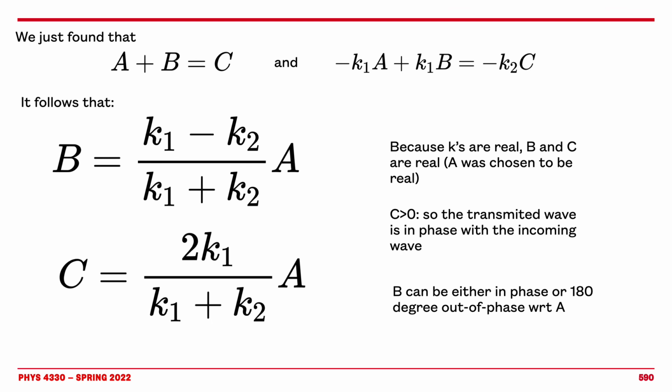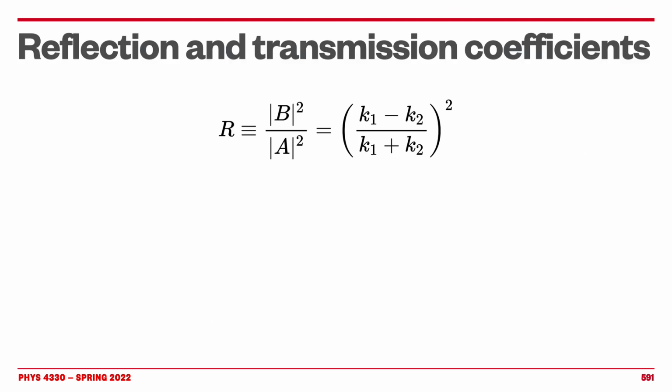Now we can also look at the reflection and transmission coefficients. The reflection coefficient is the intensity of the reflected wave, so the modulus squared of b over the modulus squared of a. Using the equations we just described, we find the reflection coefficient is a function of k1 and k2. But we also know that the total energy is conserved.